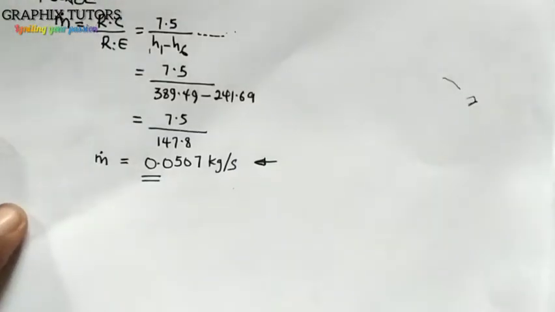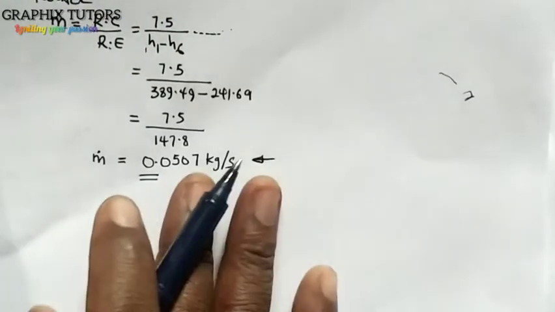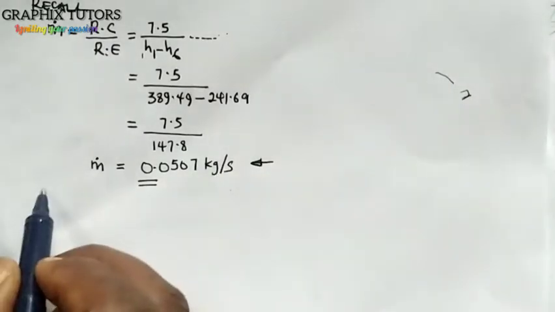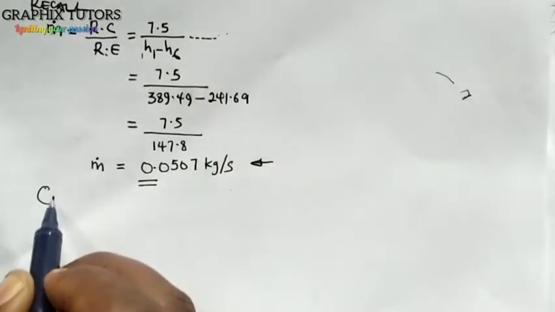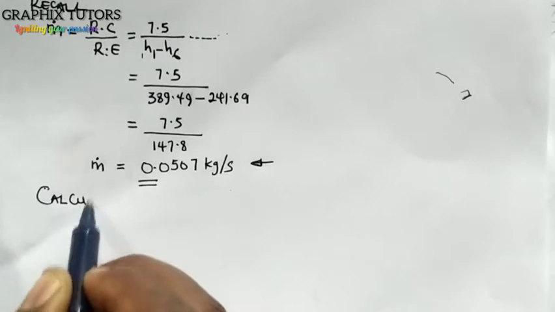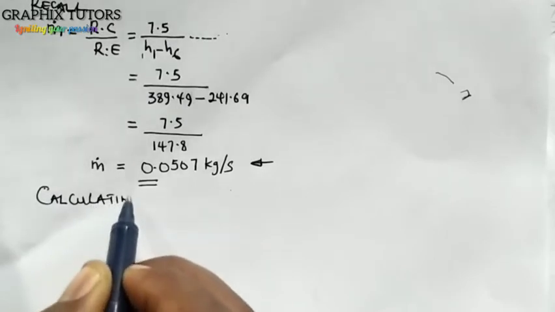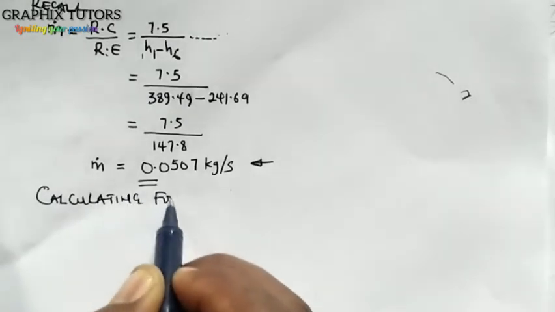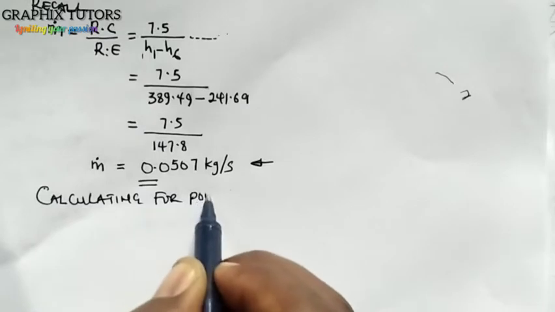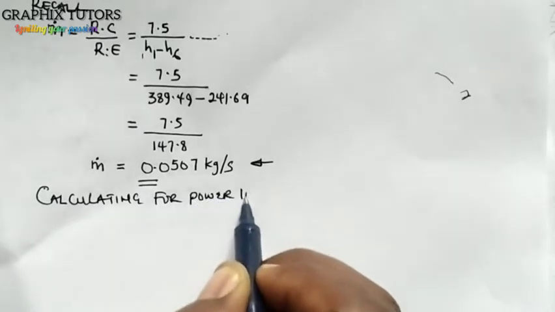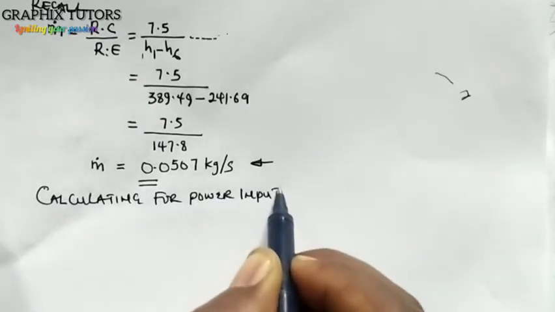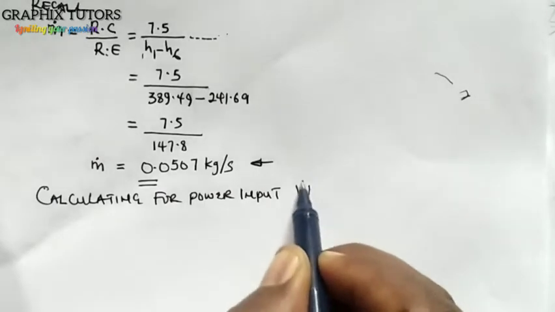From here, I'll write calculating for power input, which is giving us our work rate, right?